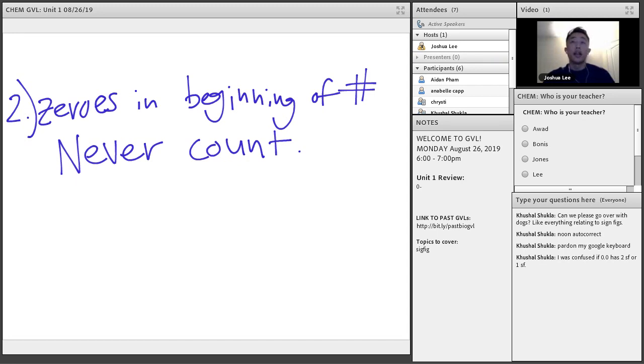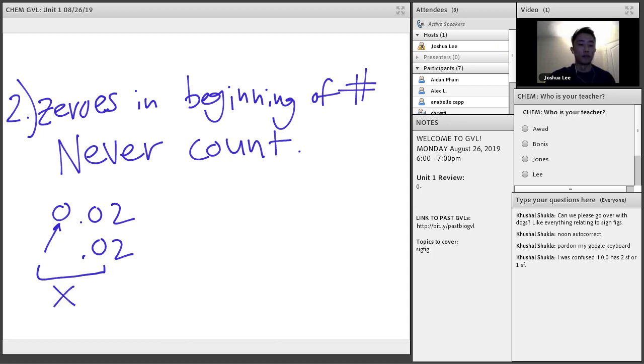Depending on your teacher, they might want you to write 0.02, while some teachers don't require you to write the leading zero, so it could be .02. Based on whether or not your teacher likes it, that's where it can get a little confusing. So zeros in front of a number, they never count.